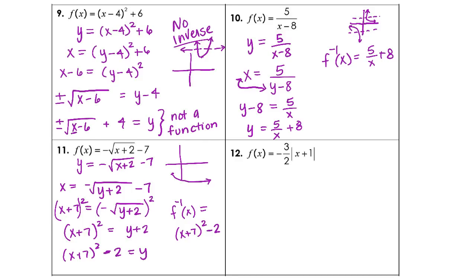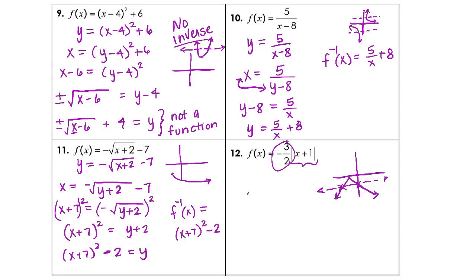All right. Now over here with number 12, notice the parent function here would be absolute value. We do have some stuff going on the outside, but just in general, this would have been moved left 1, flipped upside down with all kind of horizontal, vertical stuff going on. But more importantly, if we do our horizontal line test, it's not going to pass the horizontal line test.